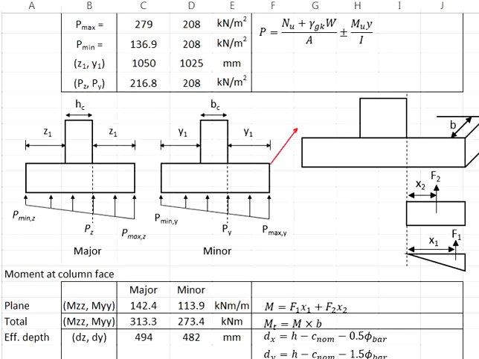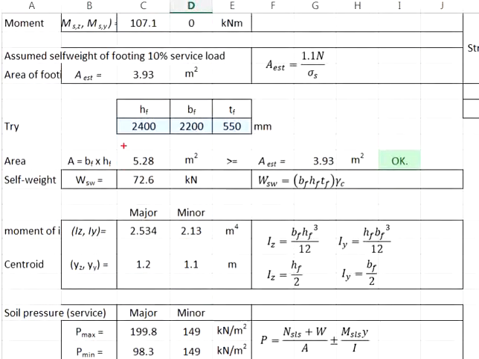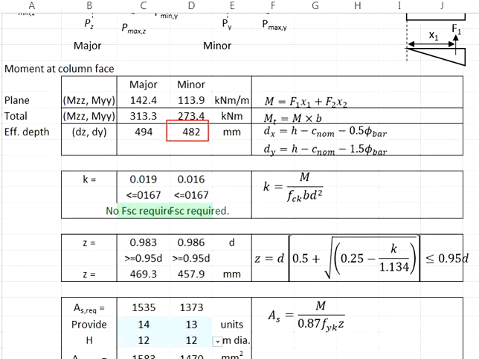Your B is referring to this, which will be the longer span. Therefore, it is equal to 2.4 meter. As for the D, you use the D from the minor axis. Get your K. You found that the K is less than 0.167.